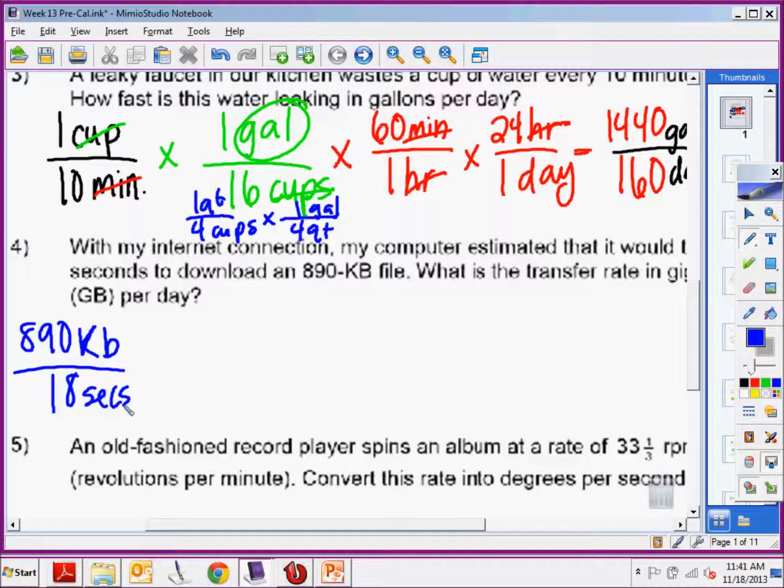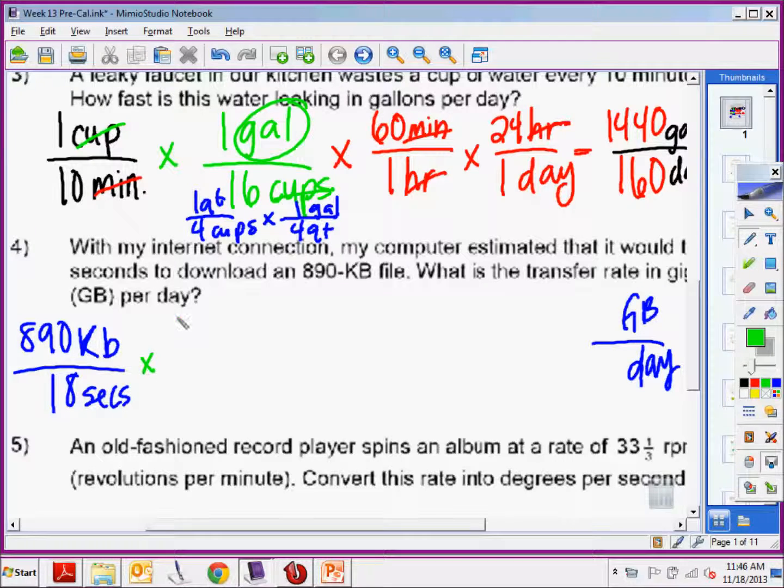Your ending result is going to be gigabytes per day. Why am I getting a fraction? If you get a fraction, hit control, enter. Alright, here you go. I'm going to go from kilobytes to megabytes, and then megabytes to gigabytes.